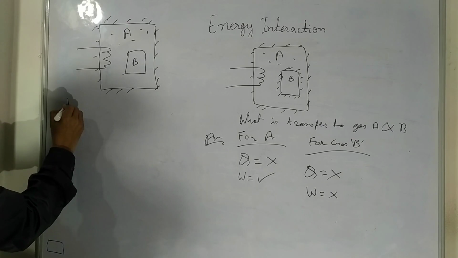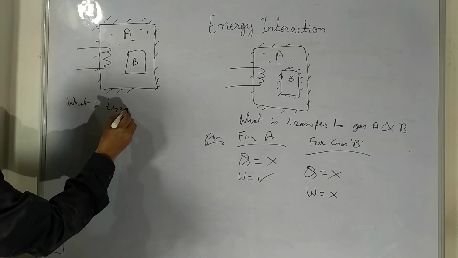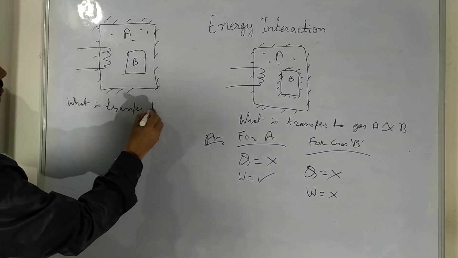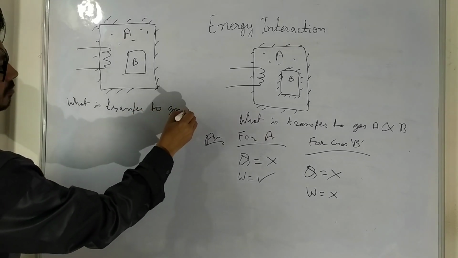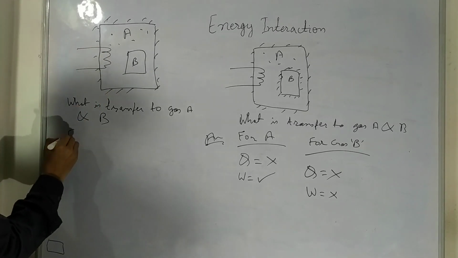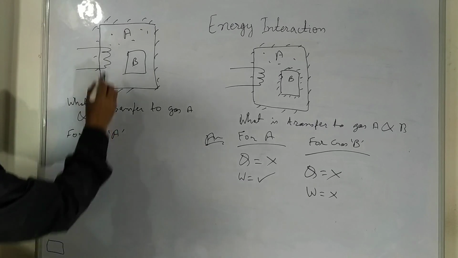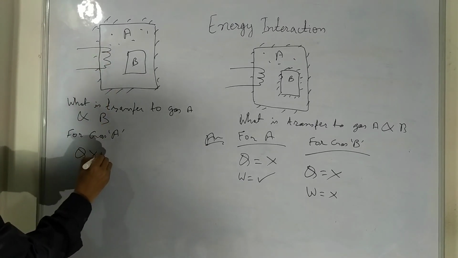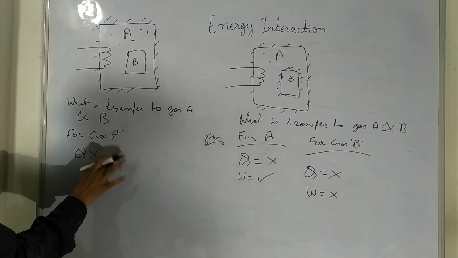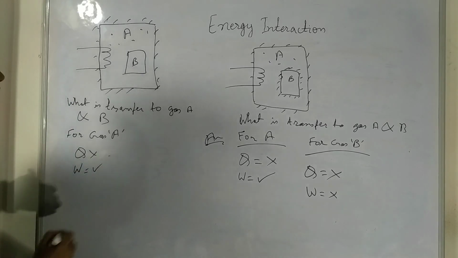Now tell me what is transferred to gas A and gas B. Obviously for gas A, as we have already seen, there is no heat transfer, but there is work transfer.